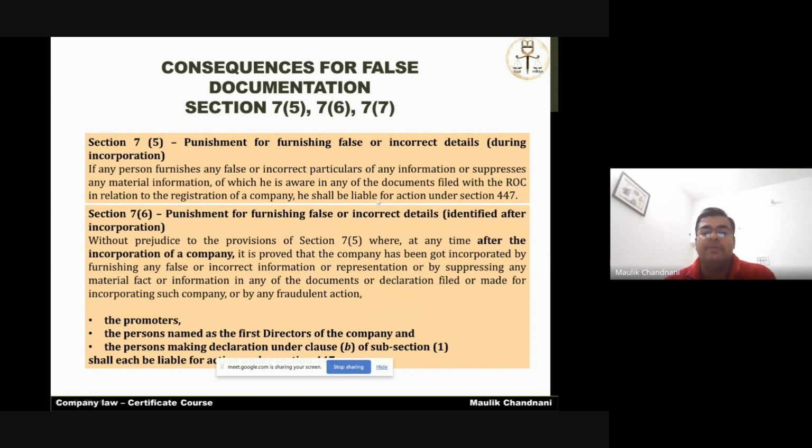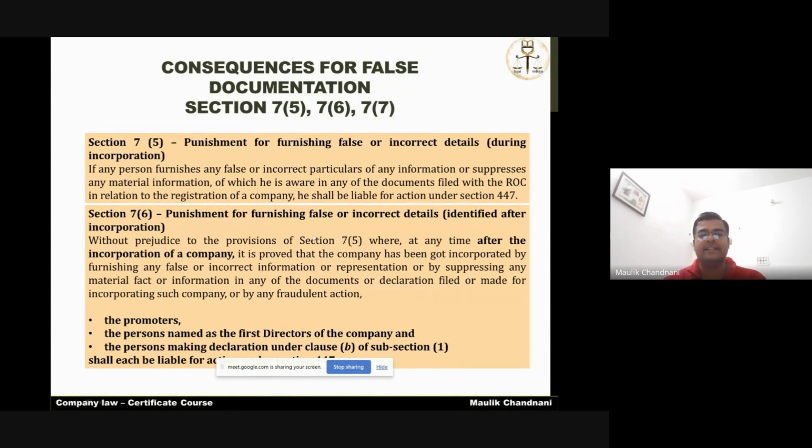If you have suppressed any material information, which you hide, or you gave any untrue statement, you need to face the penalty under section 447, that is the penalty for fraud. So if you are caught during incorporation itself, we will be penalizing you in terms of 447.